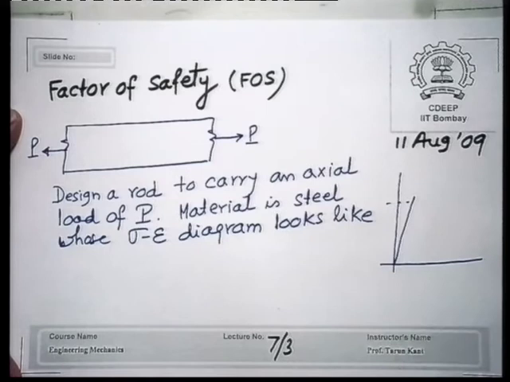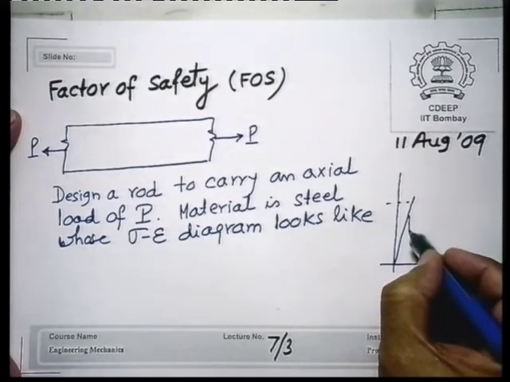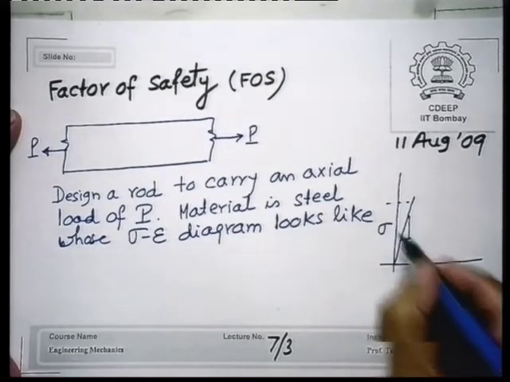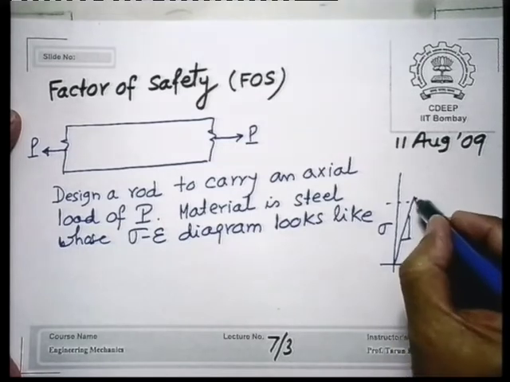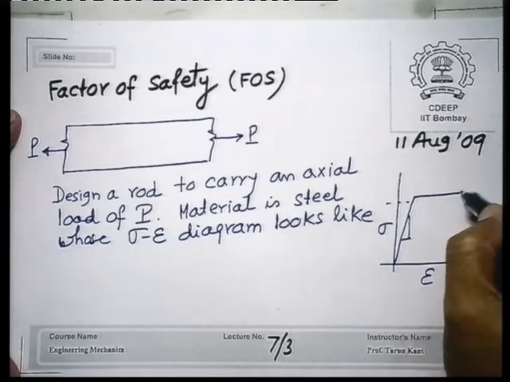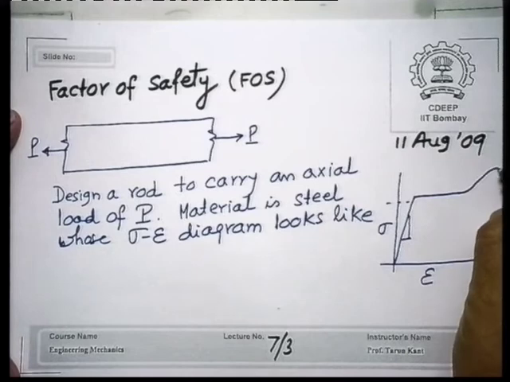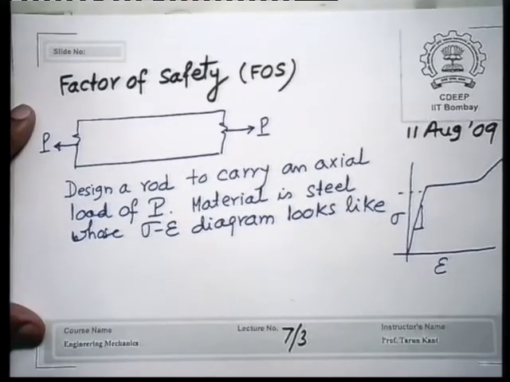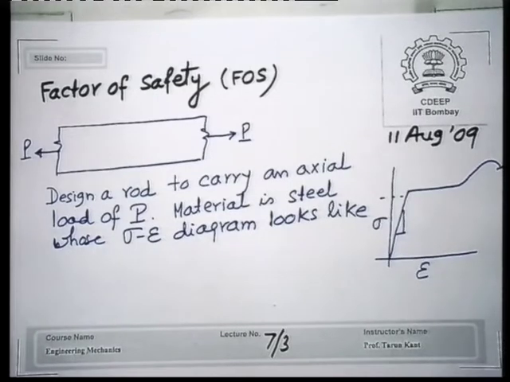This is the stress strain diagram for steel. You have a straight portion, then you have a strain hardening portion. So, these two things are given to you and you have to design.